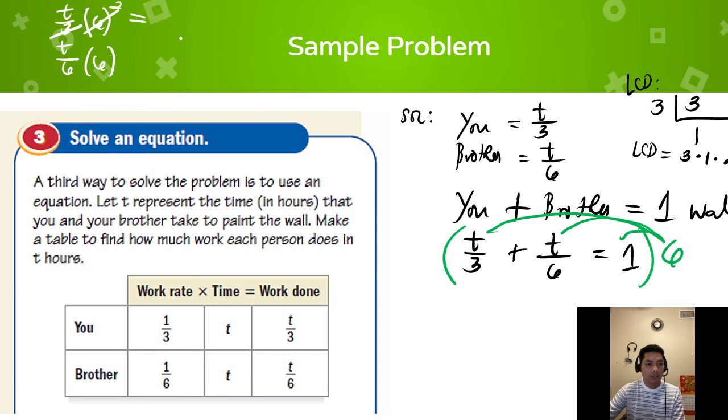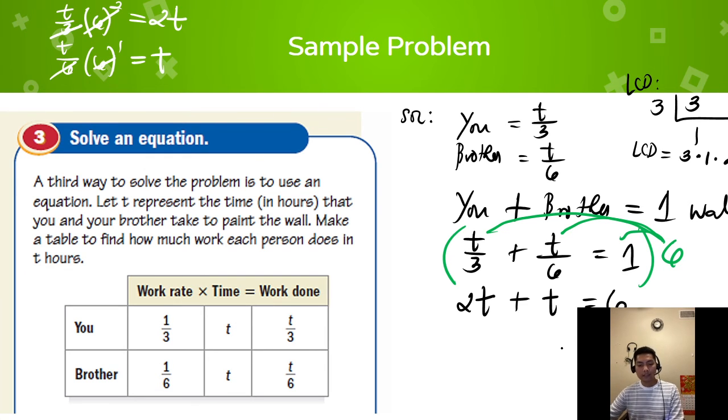So 2 times t, that's 2t. Then cancel 6, that's 1. Times t, that's t. So we can now go back to our equation and replace those rational numbers or fractions. We just have 2t plus t. And then 1 times 6, we no longer have to show that on top because that's just 6.